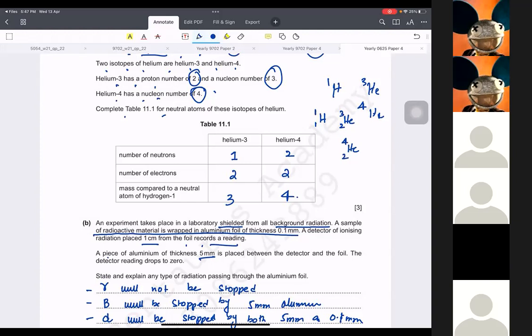If I want to compare hydrogen with this, how many times is it heavier? Three times. Three times, Hadia. So 3 hydrogens would make up this, right? Yeah. And how many times is this? 4 times. So that's what I've written.